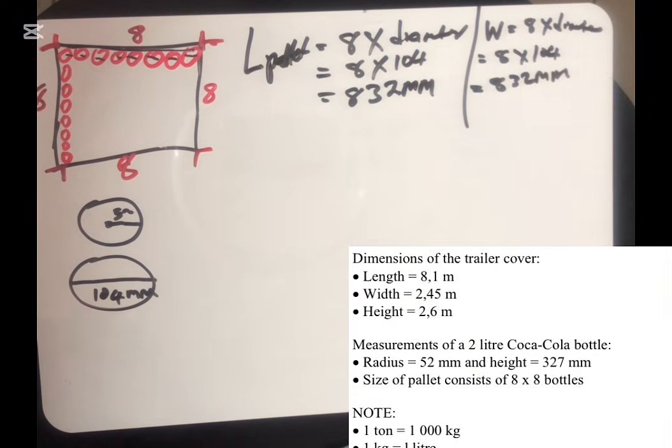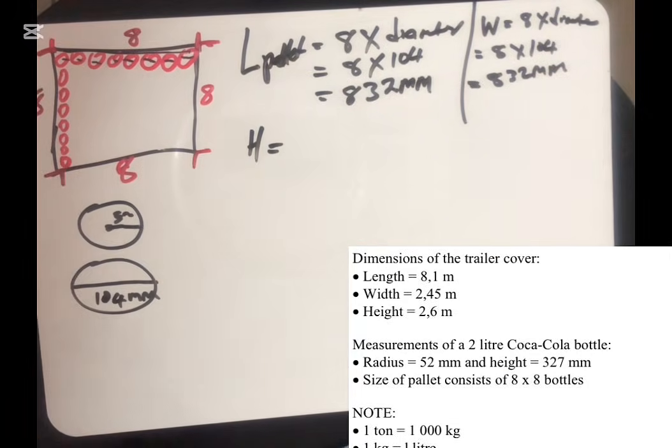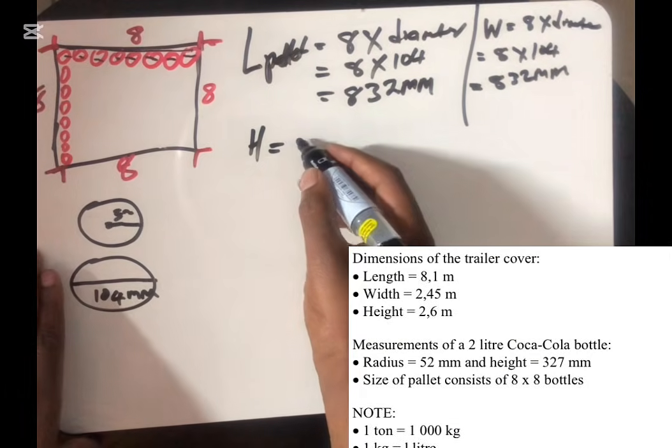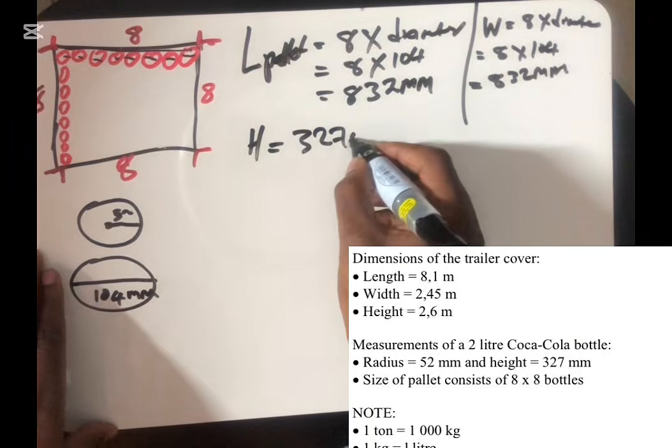In terms of the height of a pallet, from the scenario, the height of a pallet is given as 327 millimeters.